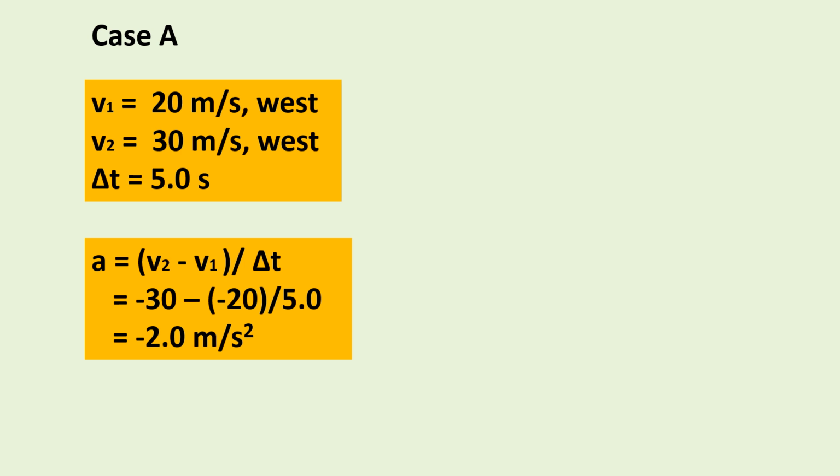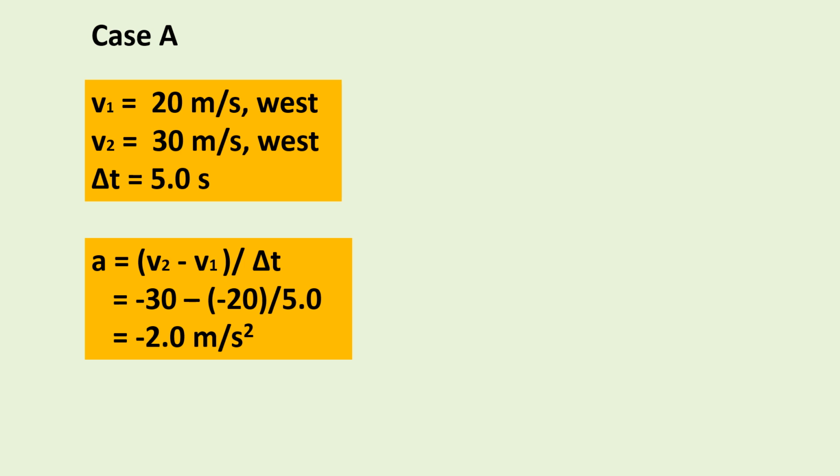So using our given quantities or assumed values of v2 and v1, v2 is negative 30, negative because it says west, minus, take note, minus the quantity negative 20 meters per second. Again, we are emphasizing that the initial velocity is also directed towards west.